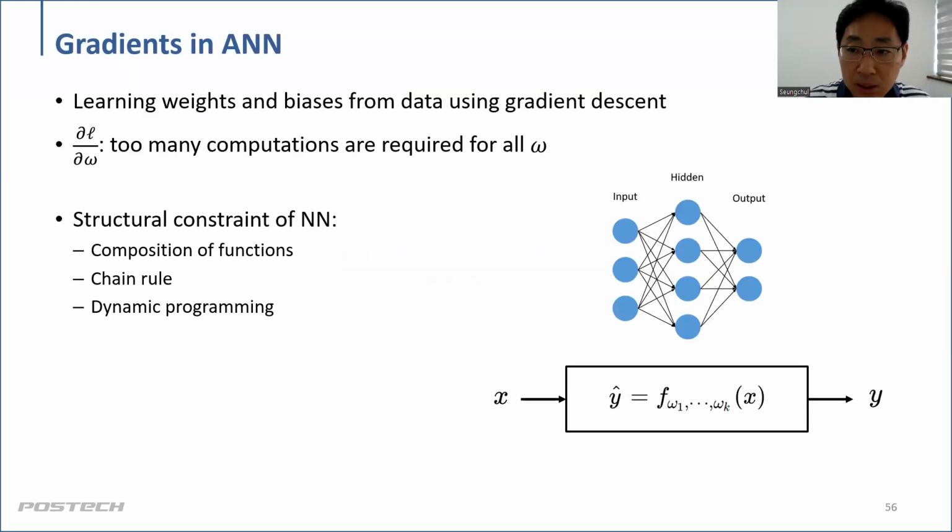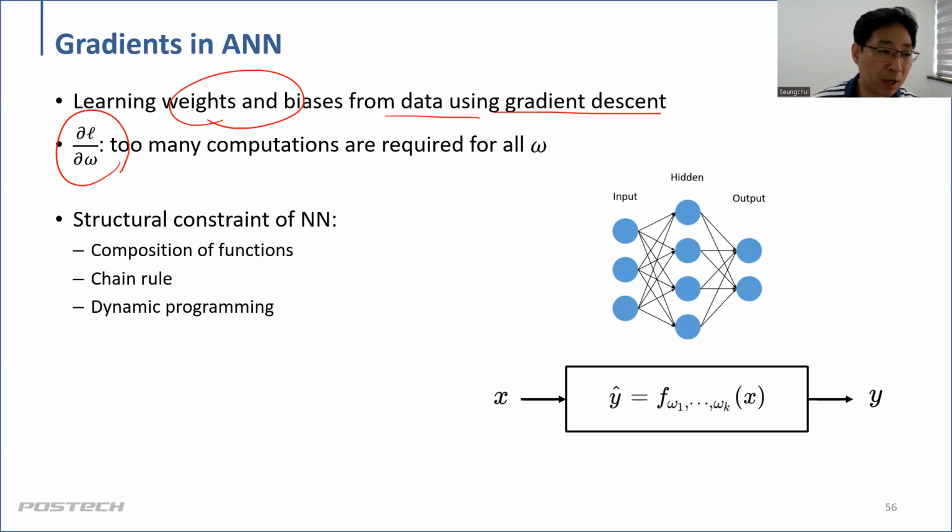So let's come back to the issues that we had in the gradient descent in ANN. Is that we have to find the weights and bias from the data using the gradient descent. The issue is, I mean, theoretically, it's totally fine.